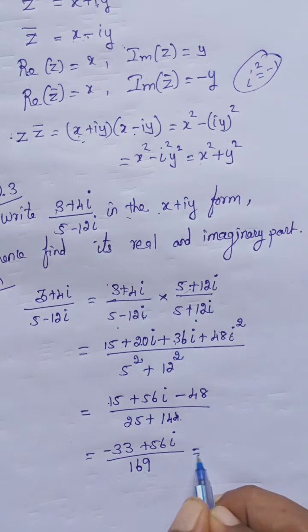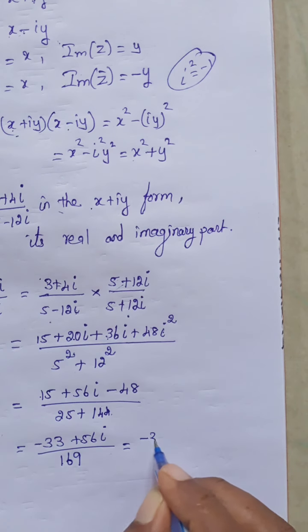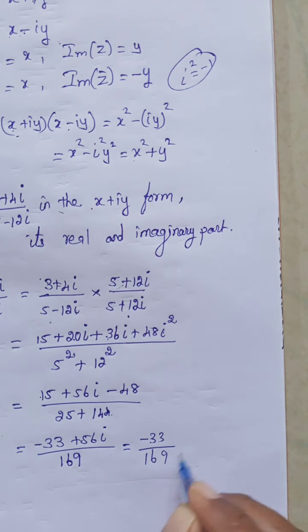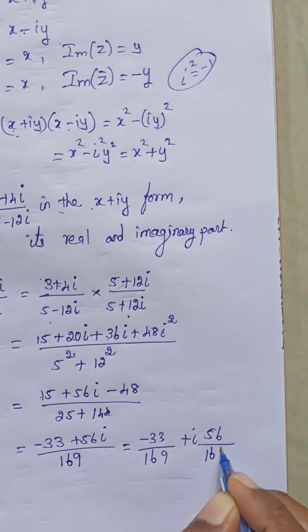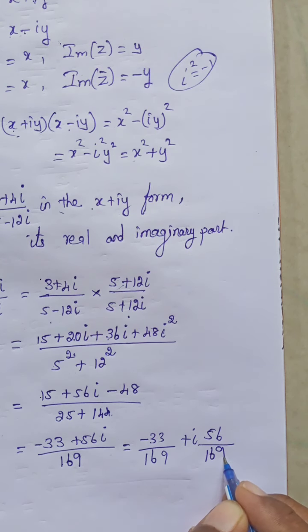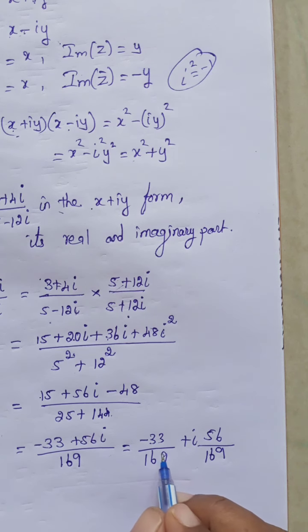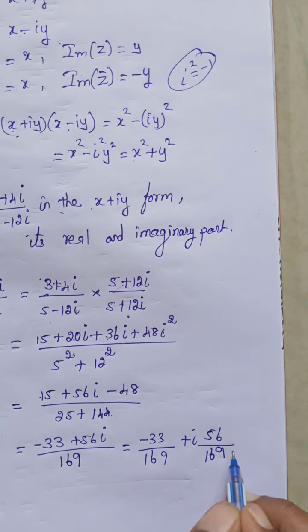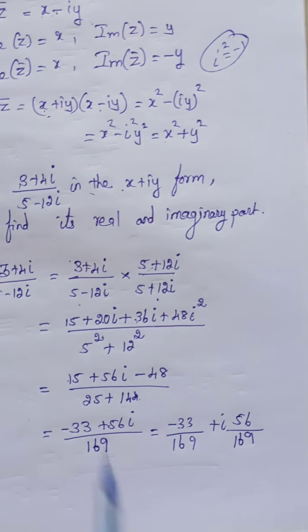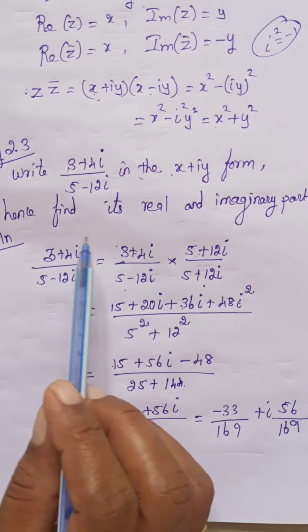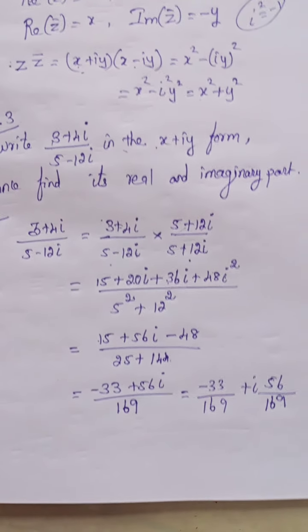So now I am going to write it as minus 33 by 169 plus i into 56 by 169. Is that clear? This is of the form x plus iy. So in the question it was asked, hence find its real and imaginary part.